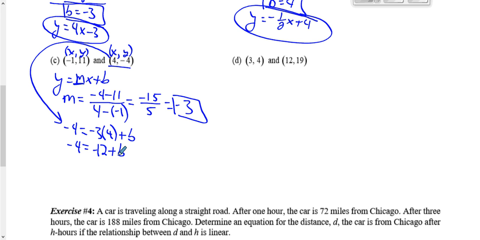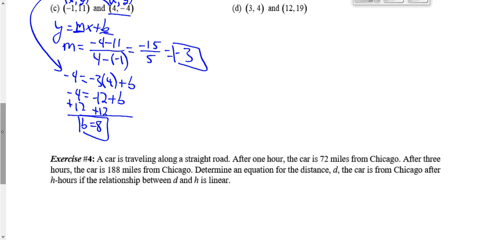Add 12 to both sides. And I get what for my b? 8. b equals 8. Amy, is that what you ended up getting? Okay, there's my m, there's my b. Do not forget to go back and rewrite this: y equals -3x plus 8. That was the whole goal, right?